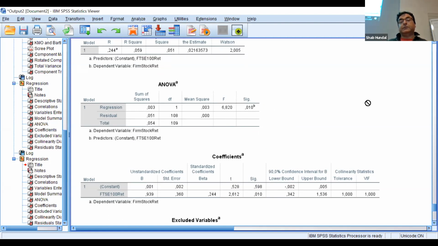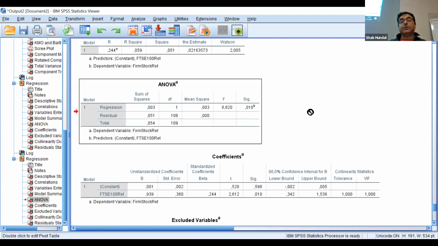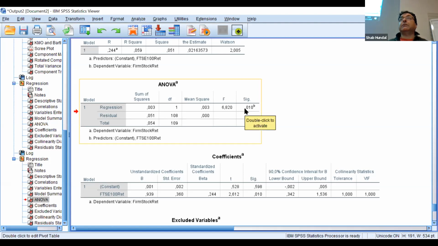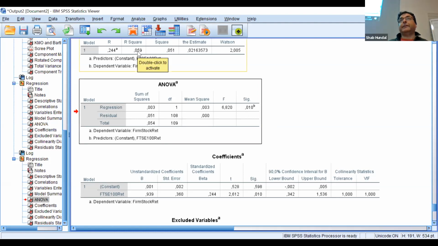If the significance level was 0.015, it means that your R square is not significant. It's not acceptable. It means our model has some problems, but fortunately we are almost at the bottom line, 10%, so we can accept it.